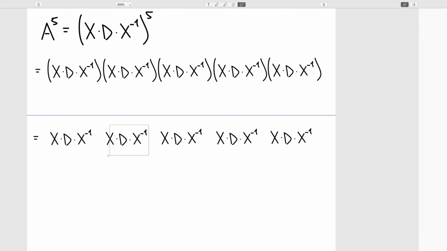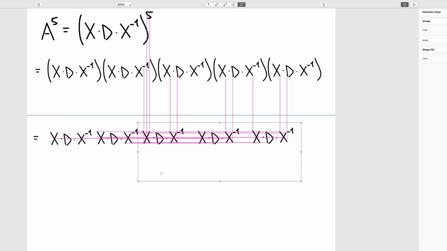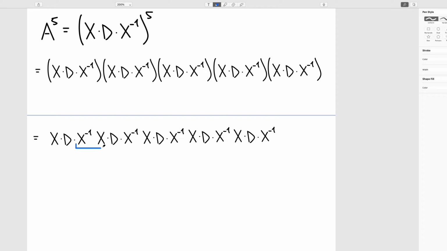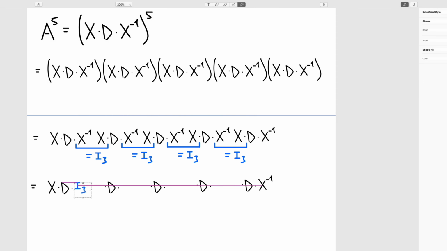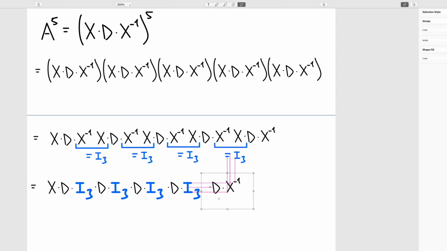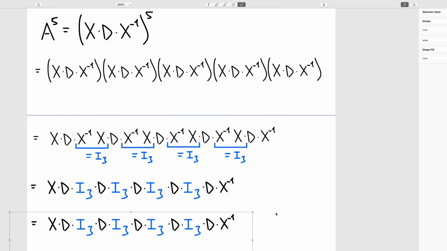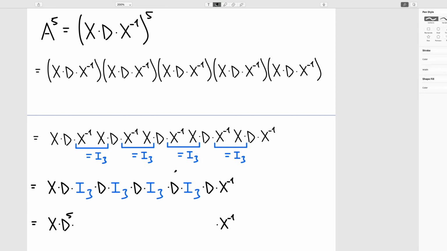And each product, X inverse X, is just the unit matrix I3. So we'll replace all of the X inverse X with I3, but I3 times D is just D. So all of the I3s are just going to vanish, and we'll be left with 5 copies of D. So XD to the 5, the 5th power of D, times the inverse of X.